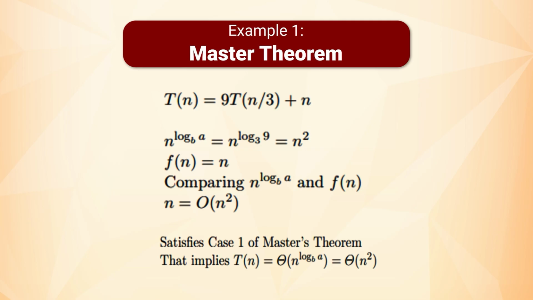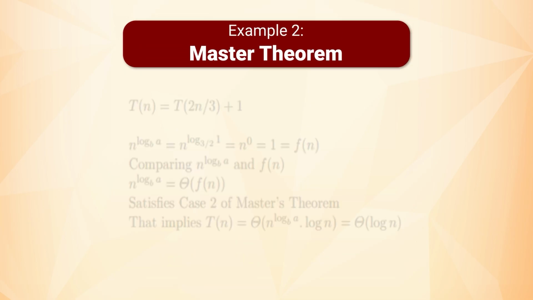F n equal to big O of n to the power log A base B minus epsilon, for some constant epsilon greater than 0, and T n is theta of n to the power log A base B. In this case, n to the power log A base B, that is n square, is greater than n. So, the time complexity is theta of n square. This satisfies master theorem case 1.